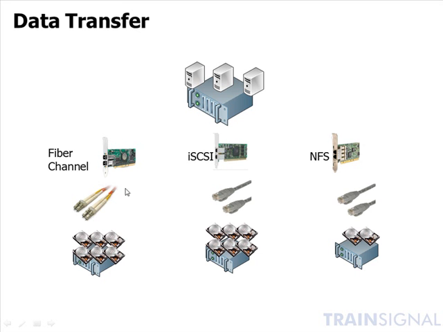With Fibre Channel, it's a little different because your HBA is different. You need a Fibre Channel switch, as we're going to see in a second. The cables are different. So from a Fibre Channel perspective, it's a completely different architecture and infrastructure that you have to deploy to support it, whereas with iSCSI and NFS, it's the standard Ethernet infrastructure that you currently have in place. However, deploying Fibre Channel obviously has its pros, so we'll talk about those in a minute as well.